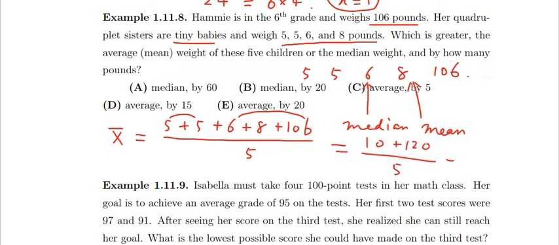So this is 130 over 5, which is 26. Okay, so the mean is 26 and the median is 6, so the difference is 20.